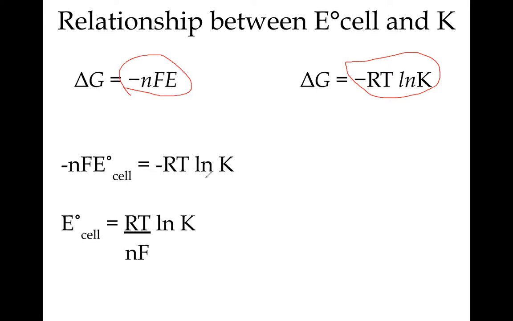And therefore, the standard cell potential, if you just rearrange things a little bit, is equal to this initial Gibbs free energy reaction divided by the moles of electrons times Faraday's constant. And when you divide this negative by another negative, you get a positive. So we get rid of our negatives that way, okay?